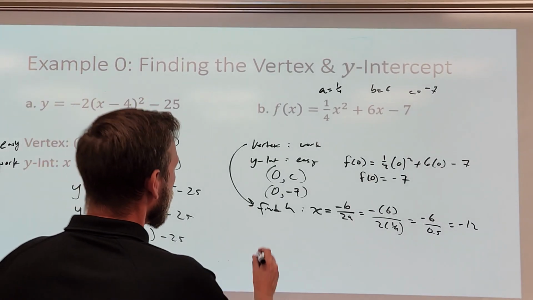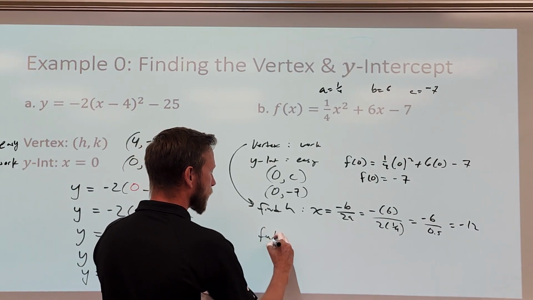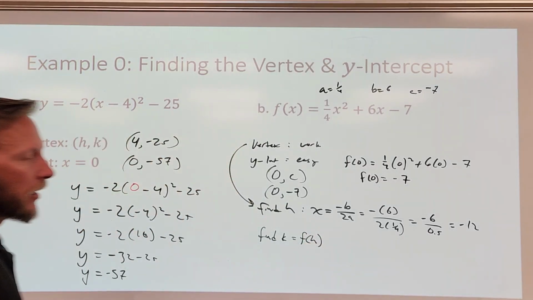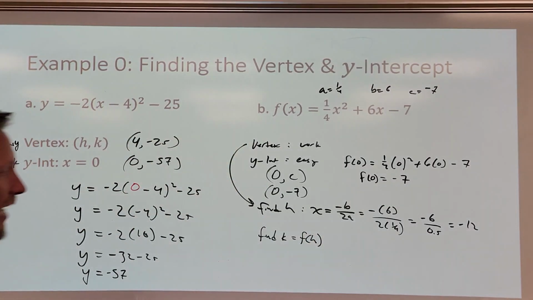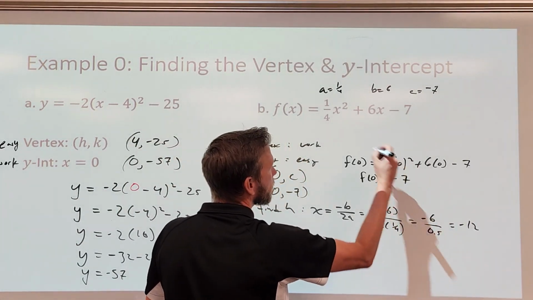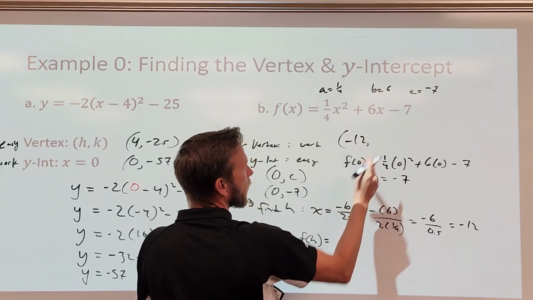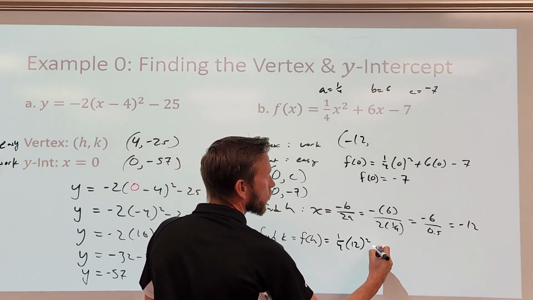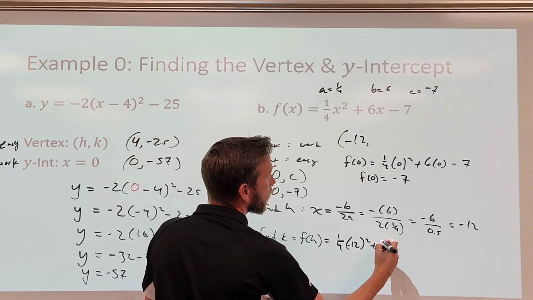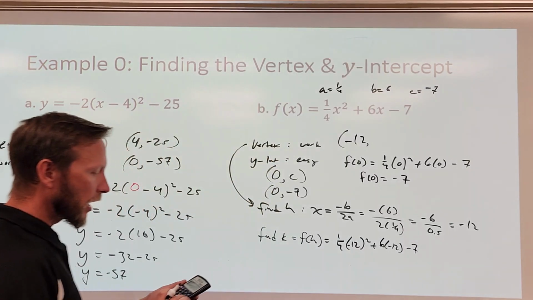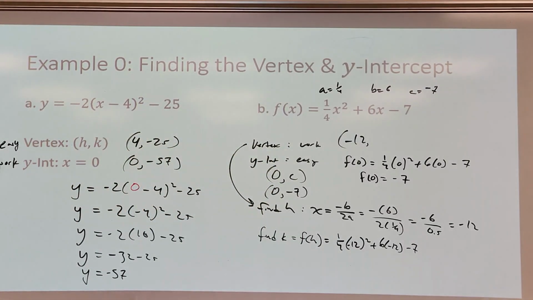All right, so when we find k, k is f of h, which means that we will substitute this value from our vertex into this function. 1/4 times negative 12 squared, plus 6 times negative 12, minus 7. And we're going to type that into the calculator or your grapher exactly as it's written.